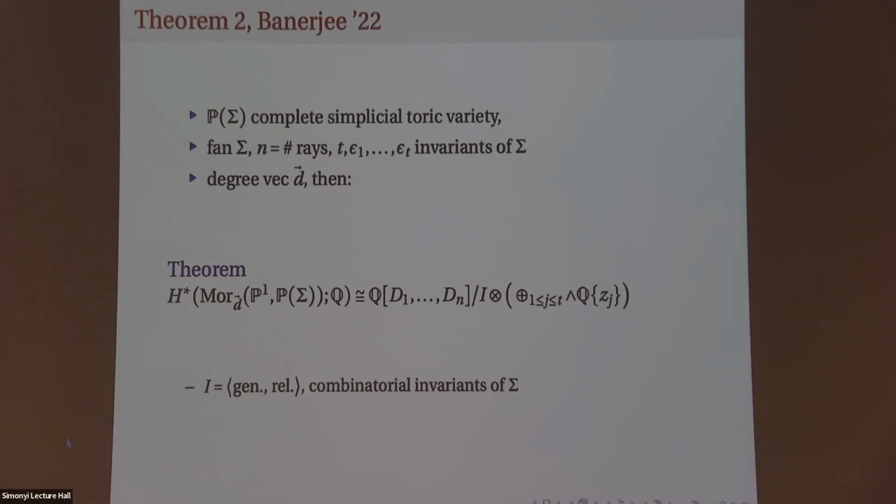The ideal I is completely described by generators and relations, which are entirely in terms of T and the epsilon i's and the D's.